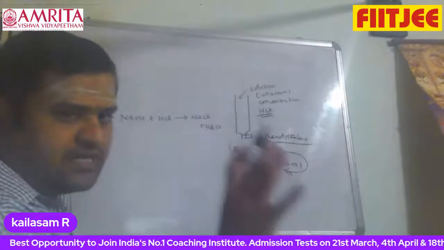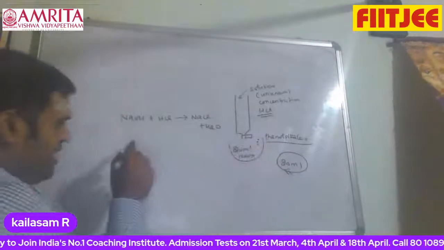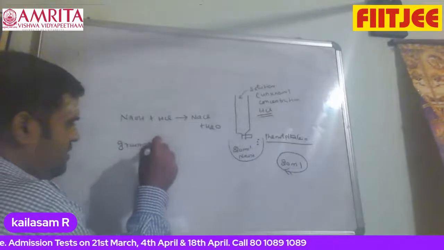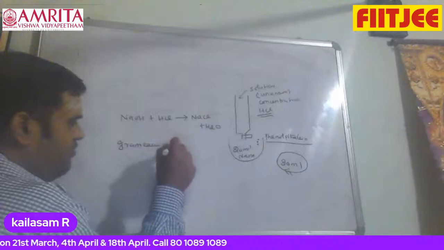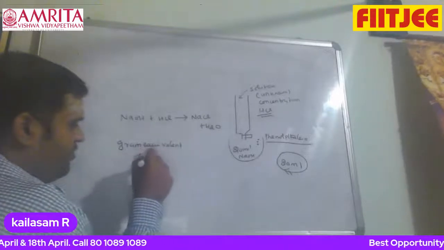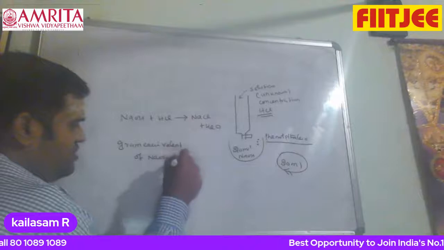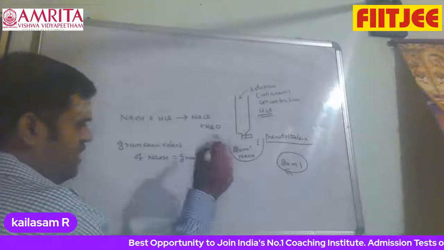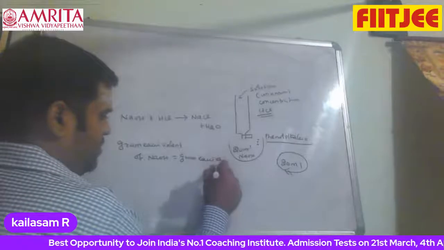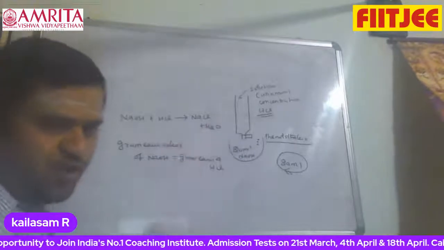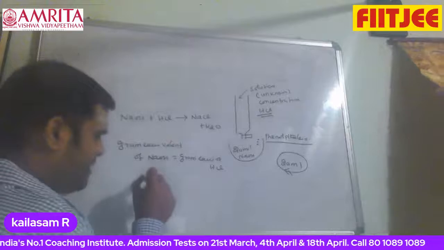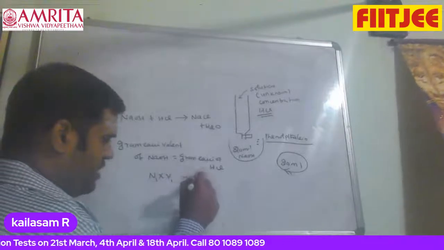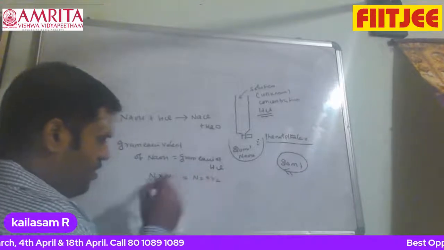Now as per the law of gram equivalence, we can write that gram equivalent of NaOH is equal to gram equivalent of hydrochloric acid. Gram equivalents we can write as normality into volume. I can write N1V1 is equal to N2V2.